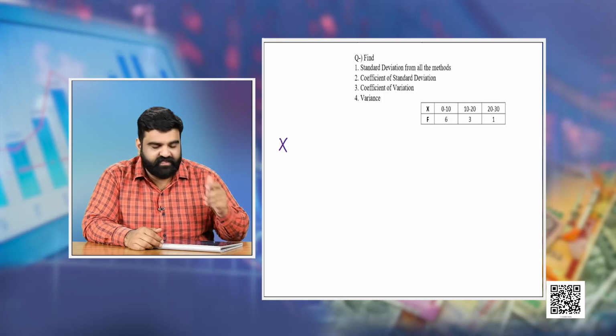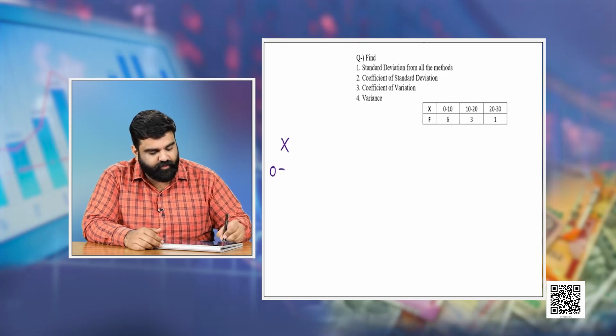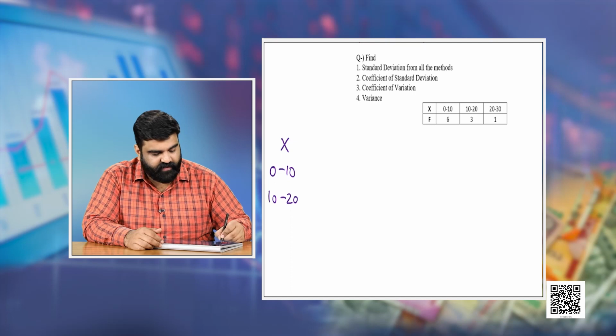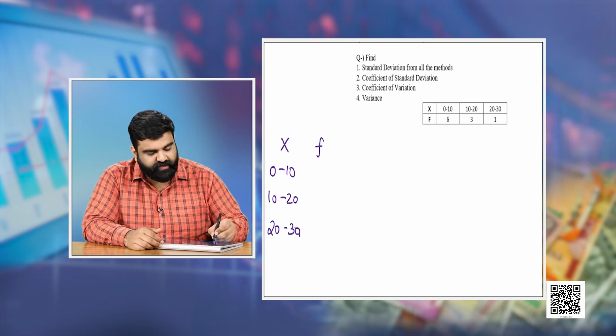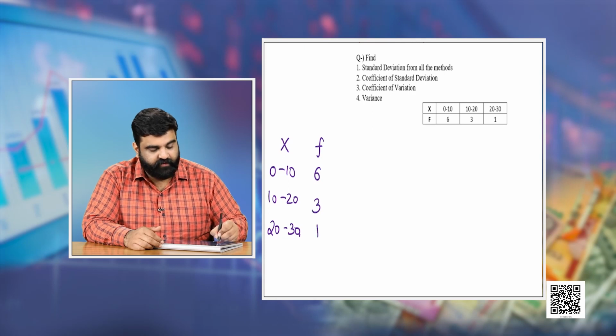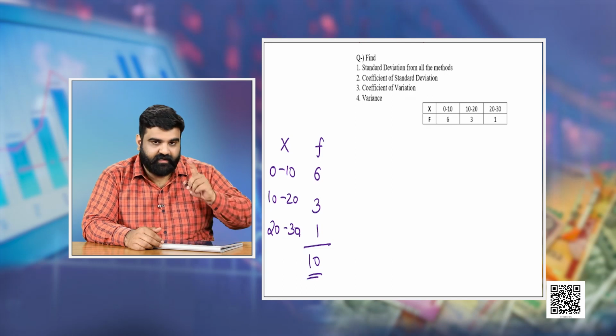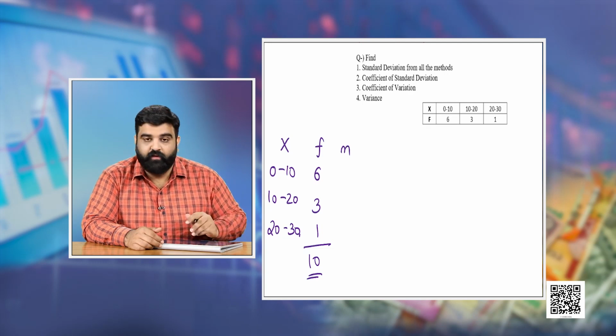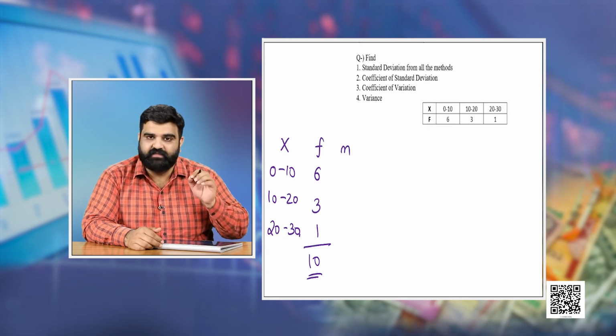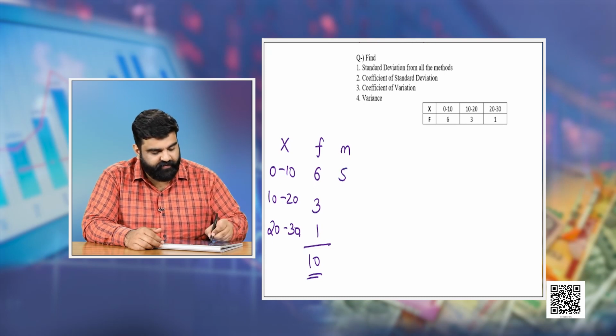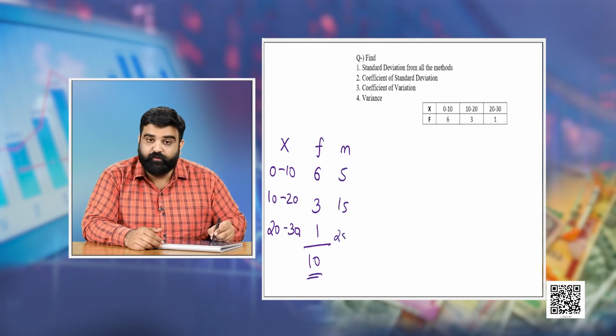Now, let us move on to the next question, which is of continuous series. So, let me write the series first. I have 0 to 10, 10 to 20 and then 20 to 30. I also have the frequencies as 6, 3 and 1. The total of this frequency will be 10. Let us first find out the mean. For that we will require the m, that is the mid value. So, we have 5, 15 and finally 25.